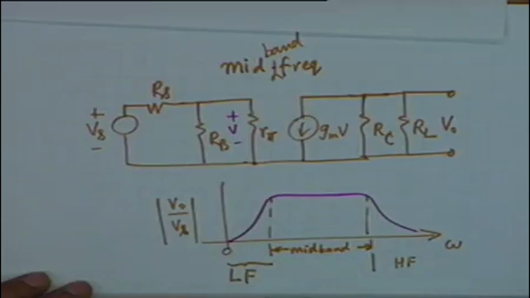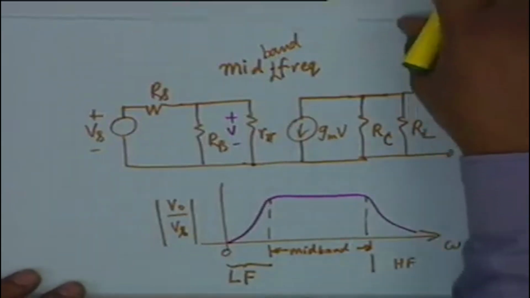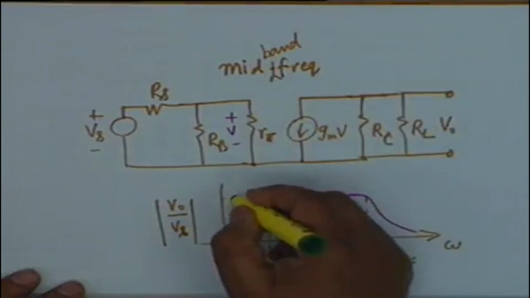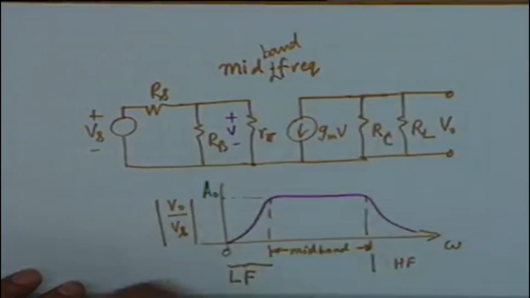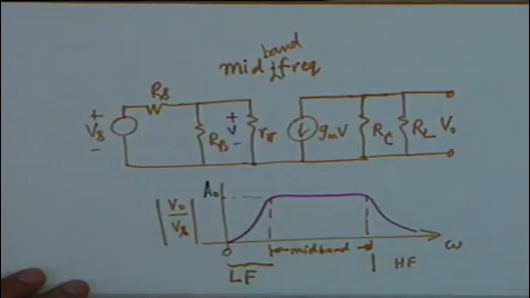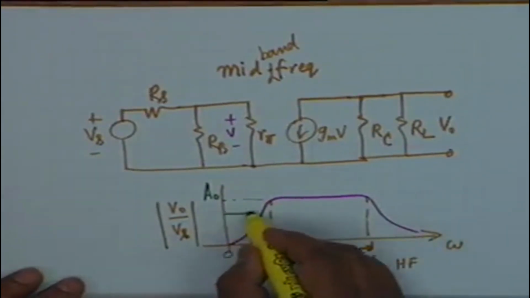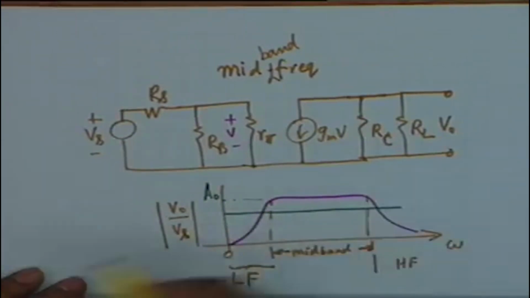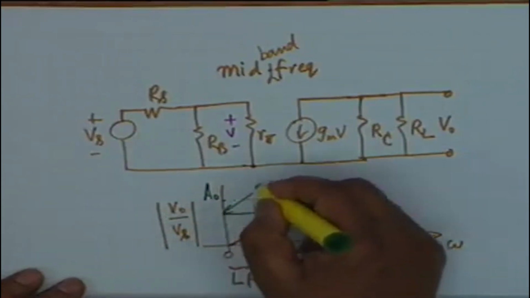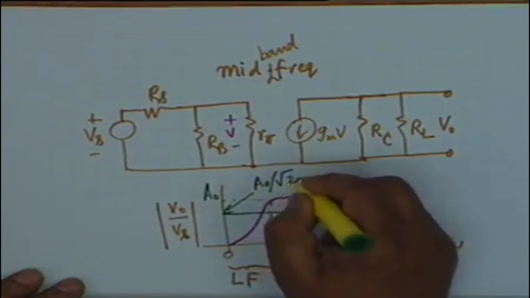In such a characteristic, not only the mid band gain is important, which we shall denote by A0, but also the two frequencies at which the gain falls below the mid band value by 1 by root 2, that is A0 by root 2.